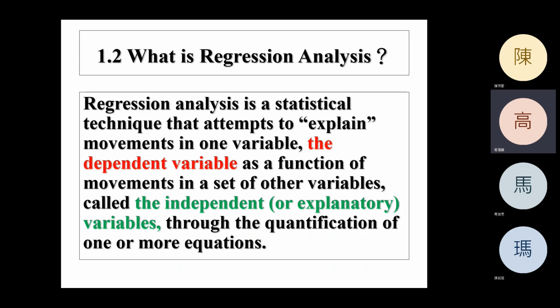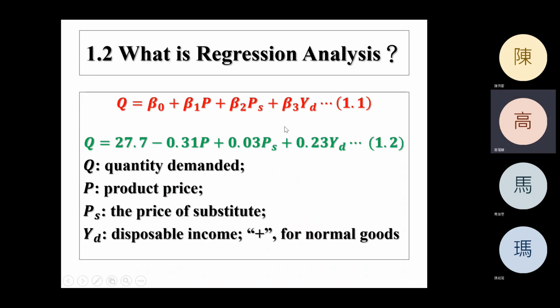So let's go on to these two equations. What is the dependent variable and what are the independent variables in equation 1.1? For regression analysis, what is on the left-hand side is called the dependent variable.